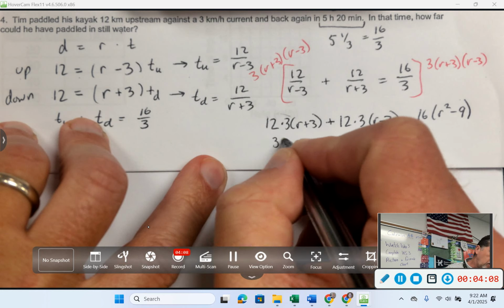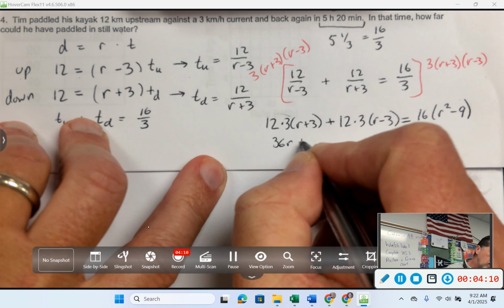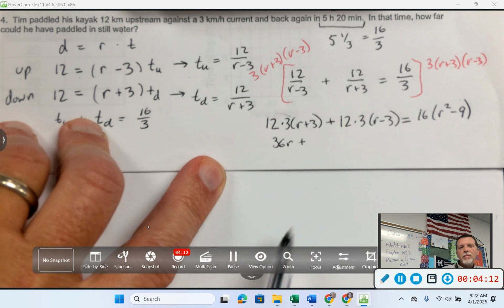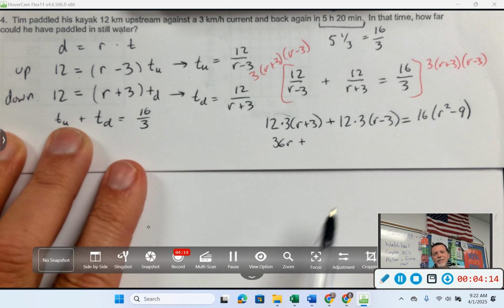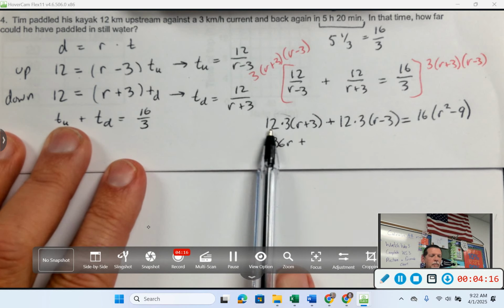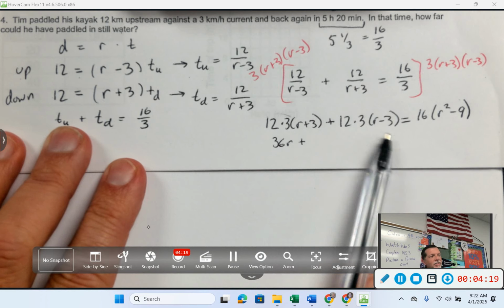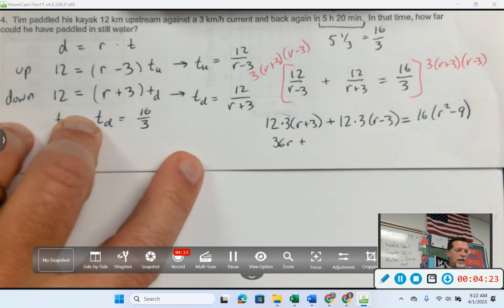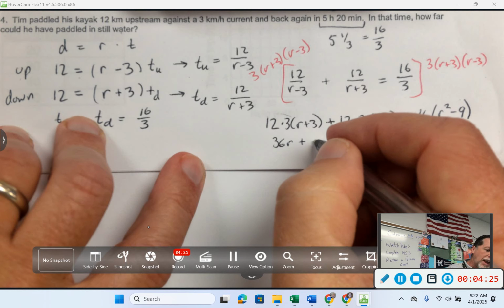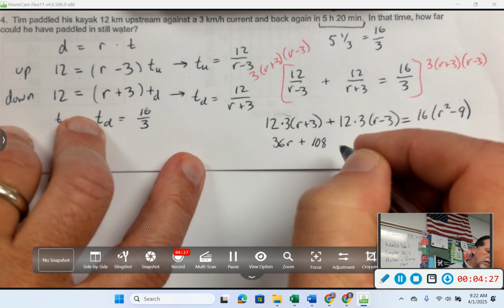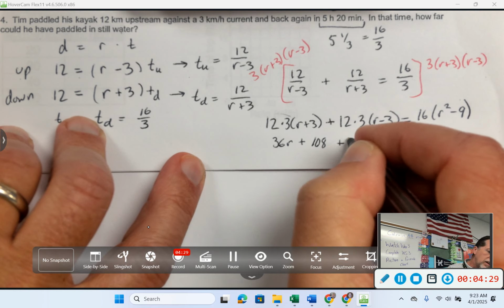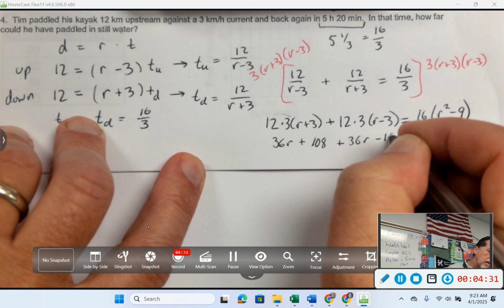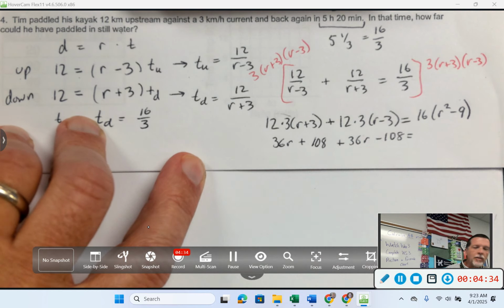Alright, so that's 36R plus, we've seen this happen before, so if you're paying attention, you might catch it again. I'm going to have a plus 36 times 3 and a minus 36 times 3. So if you catch that and just want to leave it off, that's fine. Most of you, you're going to be typing things into the calculator. You can get 108. And then realize that, oh yeah, the 108's cancel.